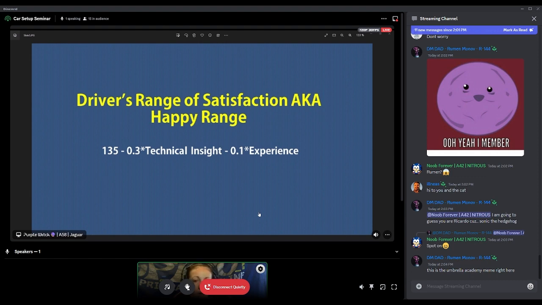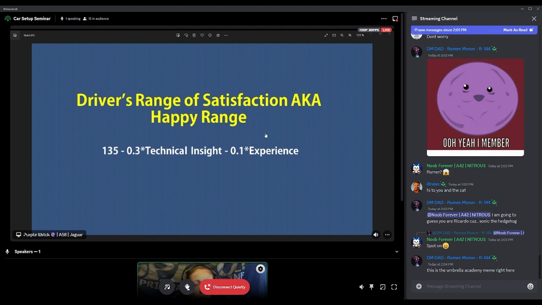This is how to calculate your own driver's happy range. As you can see, you have the technical insight and experience in there. You can go and check your drivers and see what is the value for your particular driver, I mean.